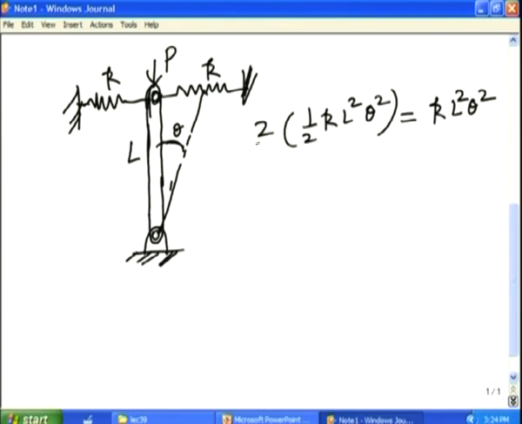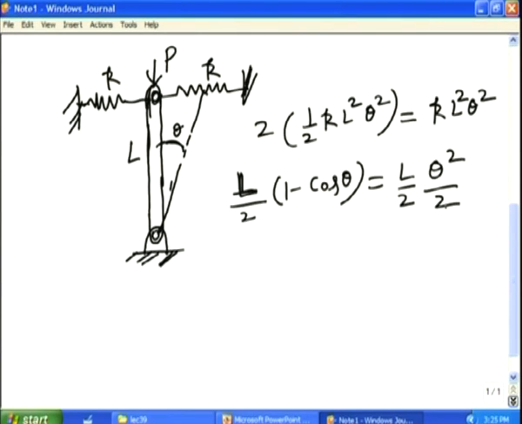And when the rod moves like this, the center of gravity of the rod mass moves by L by 2 (1 − cos theta), that means again L by 2 into theta square by 2, provided theta is very, very small.